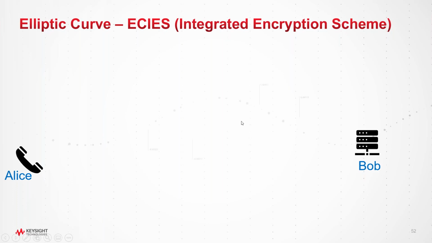Again, we don't have time to dig in, so I'm giving you a very, very high-level view of elliptic curve. Let's say Bob has a secret value x, and then Bob sends a public key of his secret key, g to the x, okay? So he raised it to a power. In order to get back the x from here, we need to take a logarithm, okay?